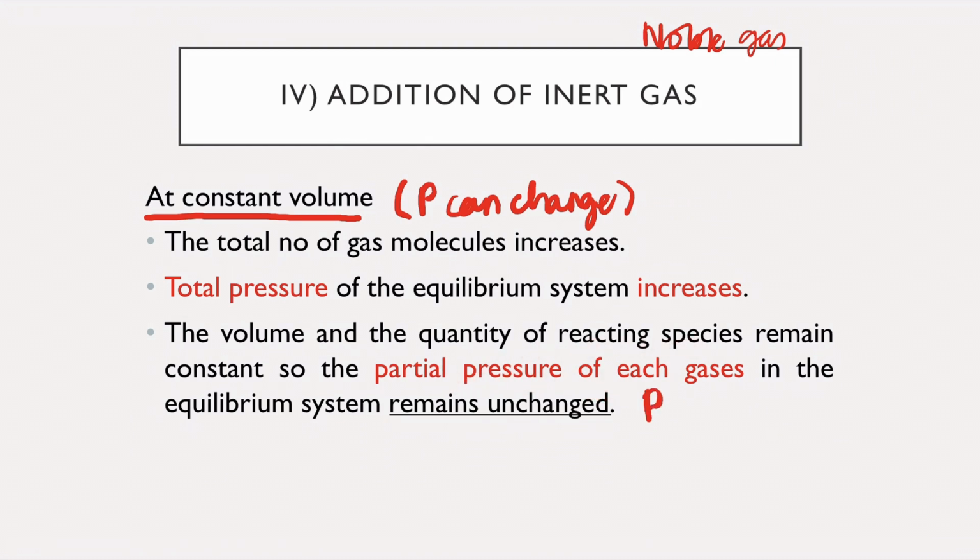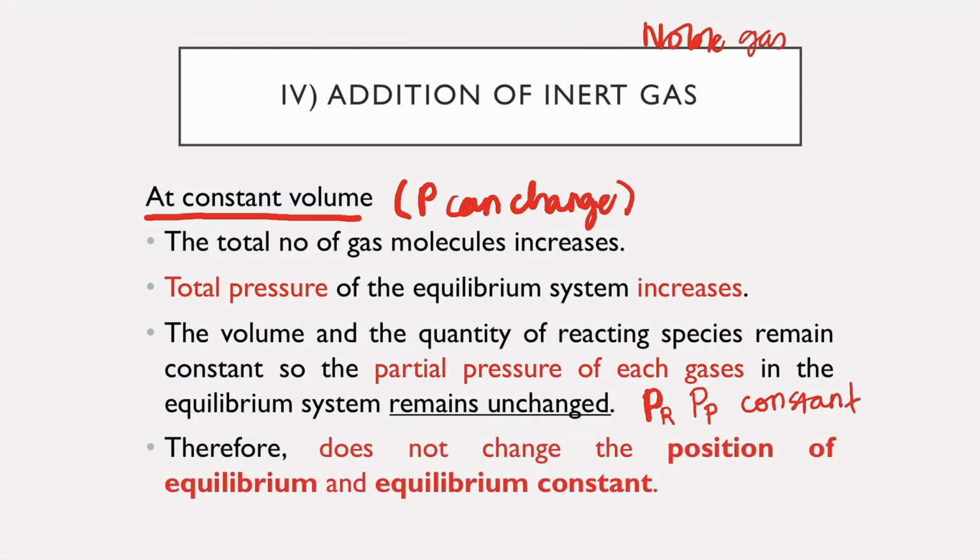To understand this at constant volume ni is that pressure of your reactant gases and pressure of your product gases, partial pressure dia akan remain constant. Okay, tak berubah. Therefore, the position of equilibrium and equilibrium constant will not change.